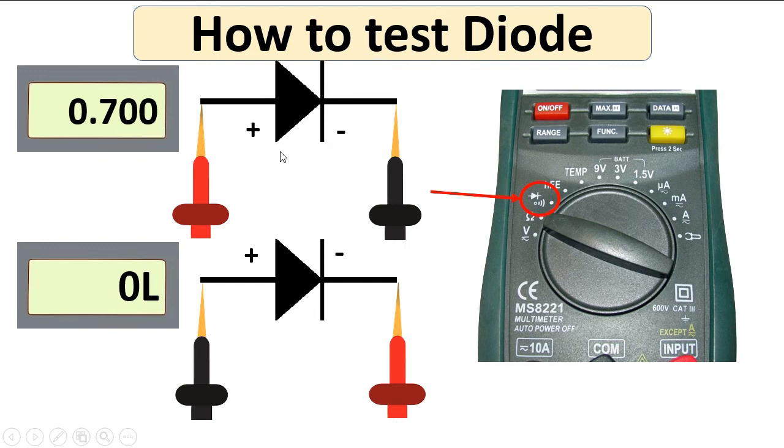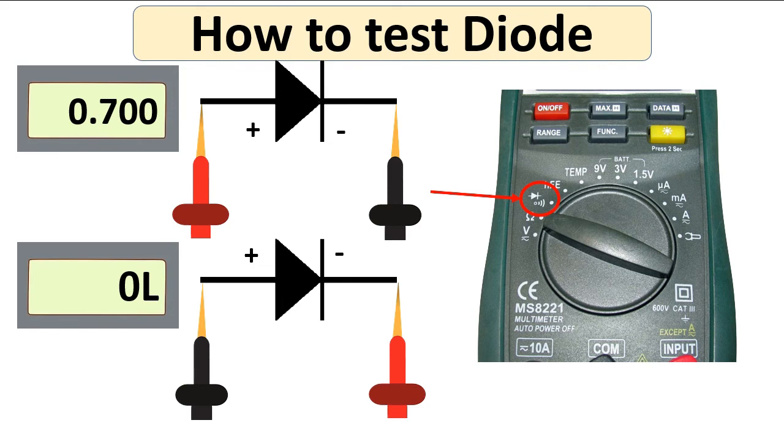But if you invert the probes, with the red probe on the cathode or the minus terminal and the black probe on the plus terminal or anode, you will get open load. You will not get any reading. So if you get these two values here, it means the diode is good.